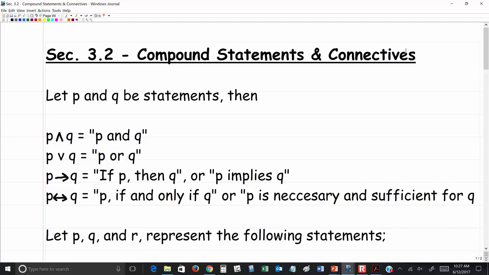Any other questions before moving on? So if it says some people do, you can always say that no one does. And if it says nothing does, you can say some do.